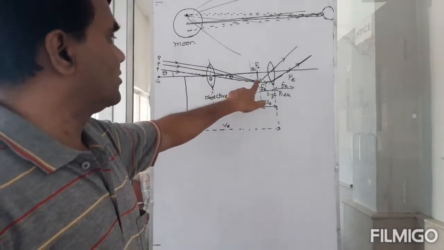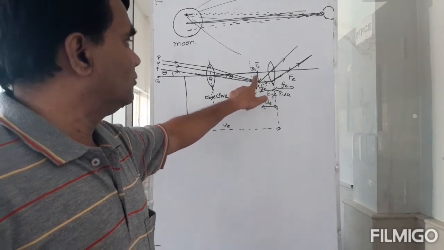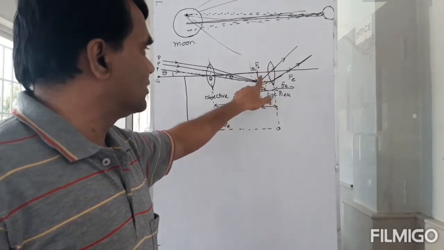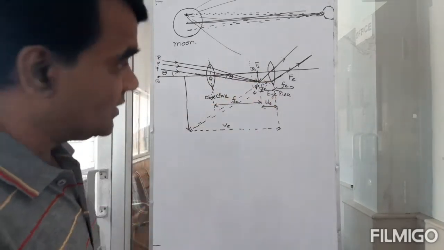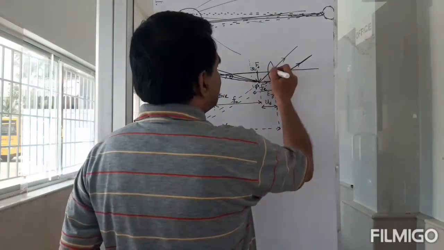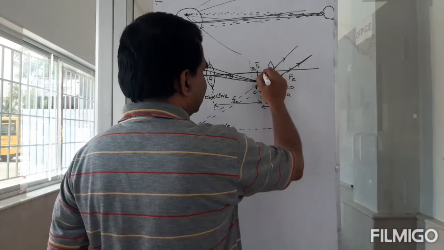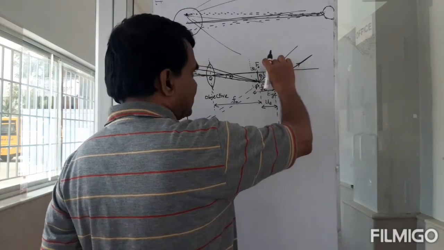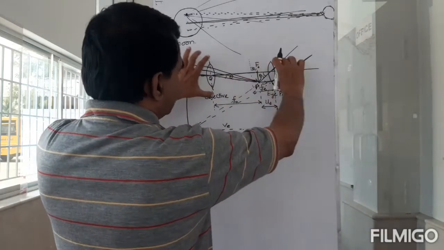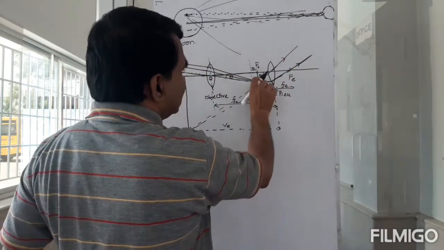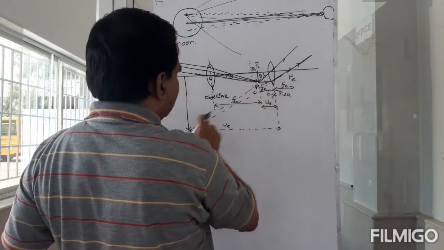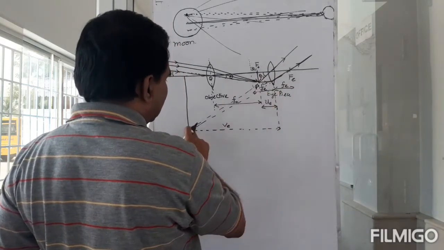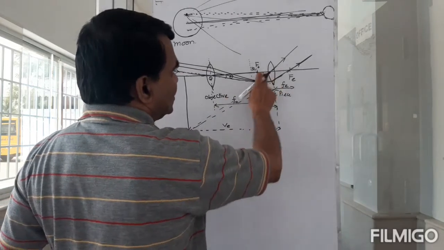Why do you want to keep it close to this lens, like FE? Because you notice here, this is the visual angle of the instrument, right? This is going to be theta I. When you see the object through this instrument, this is the angle with which I will be looking at this image.